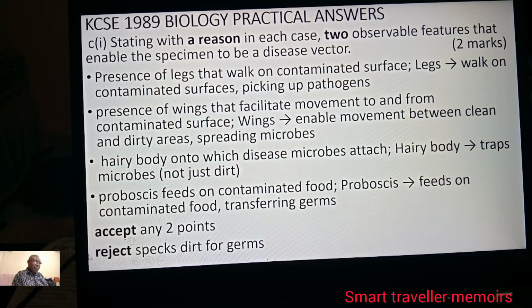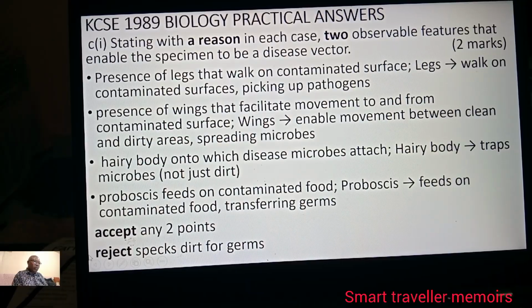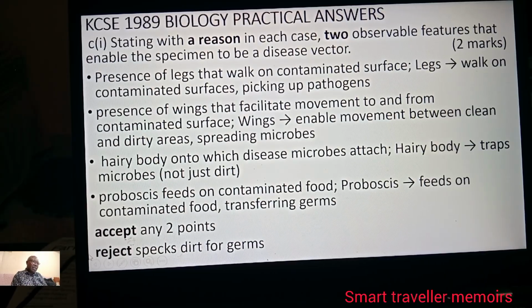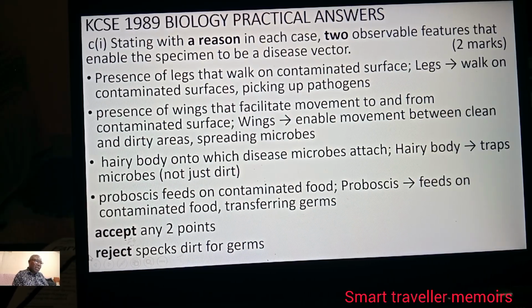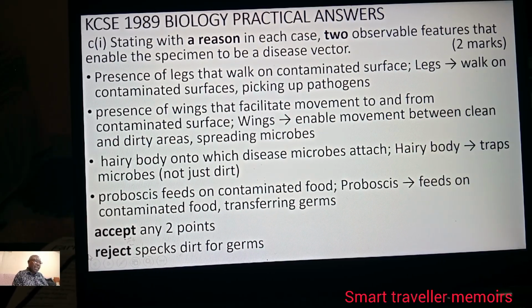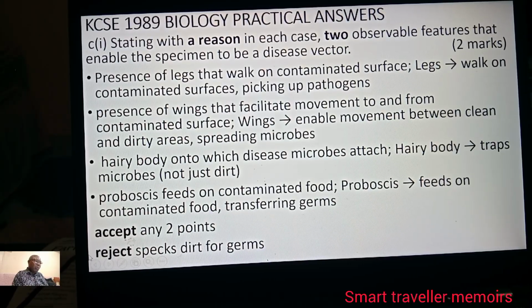The next observable feature is presence of wings that facilitate movement to and from contaminated surface, which can even be made better by saying wings enable movement between clean and dirty areas, spreading microbes.